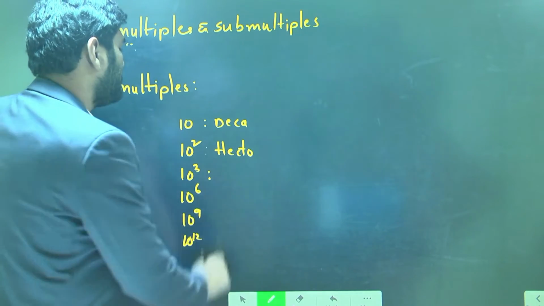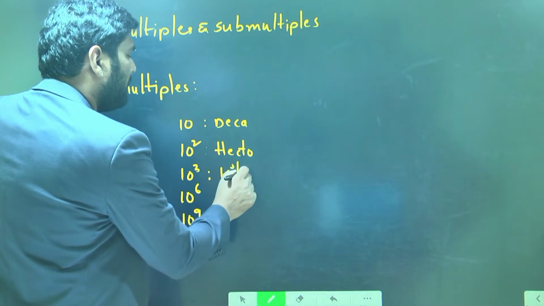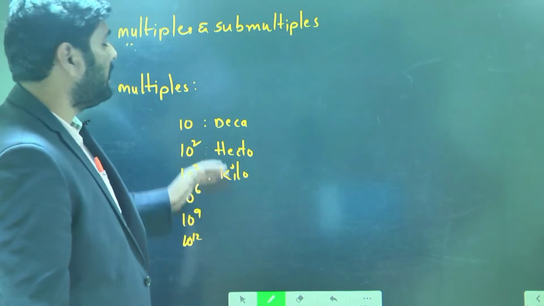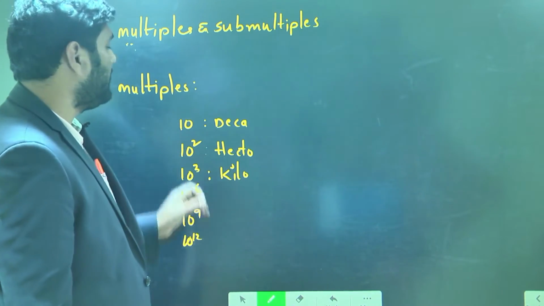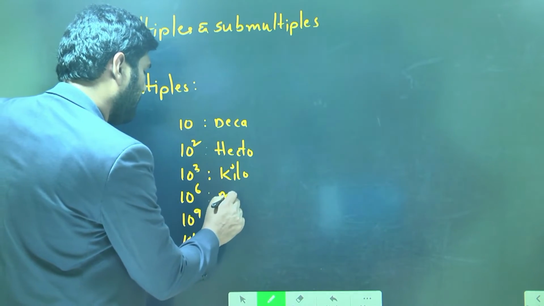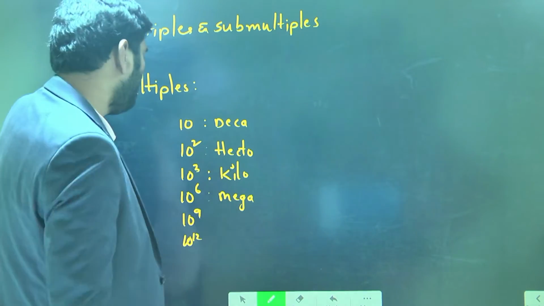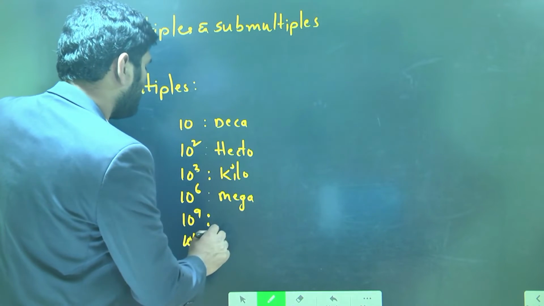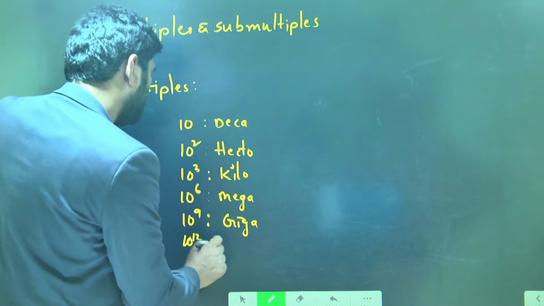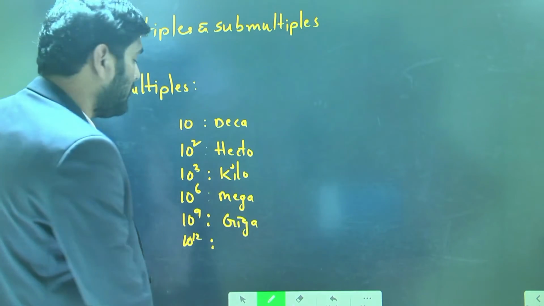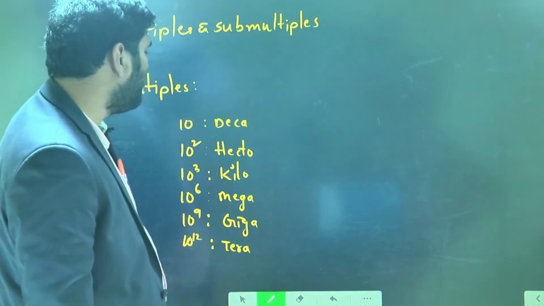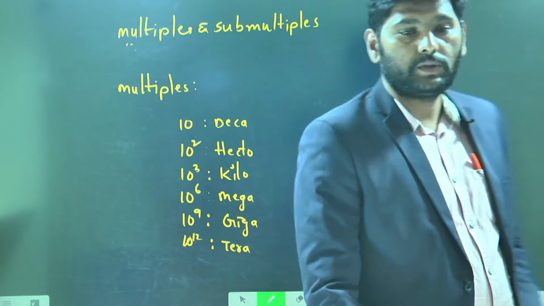And 10 cube is called kilo. 10 power 6 is called mega. In the same way, 10 power 9 we call giga, and next, 10 power 12 we call tera. So these are the multiples.